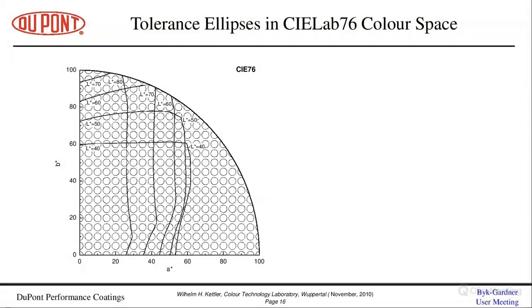This is an example of the CIELAB color space, and every area in this section is a different color, and all of these colors have the same size circle. Remember when we said that when you look at colors visually, they're not homogeneous. In different locations of color space, you're not going to have a circle.